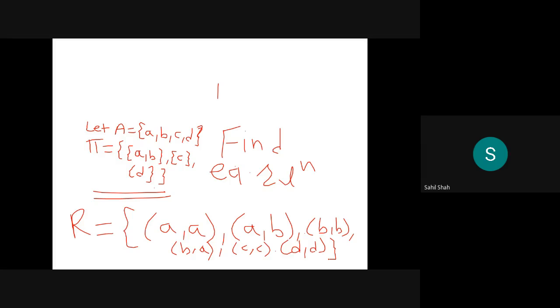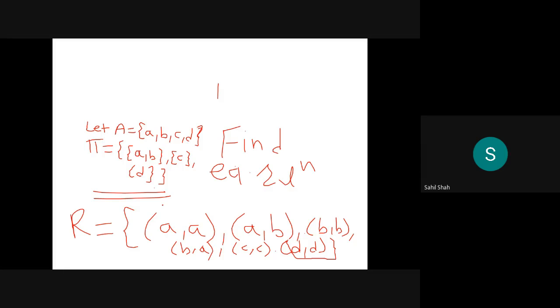Now let us check whether this forms an equivalence relation or not. You are observing A comma A, B comma B, C comma C, D comma D, so it is reflexive. Further, let us check whether it is symmetric. A comma B, B comma A is present and others are reflexive, so it is symmetric as well. Let us check for transitivity.